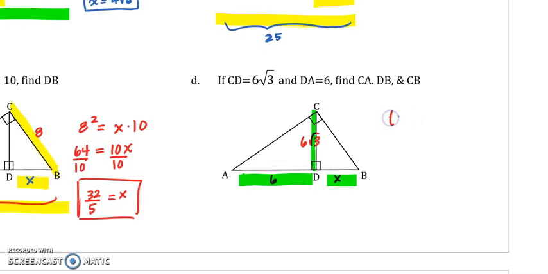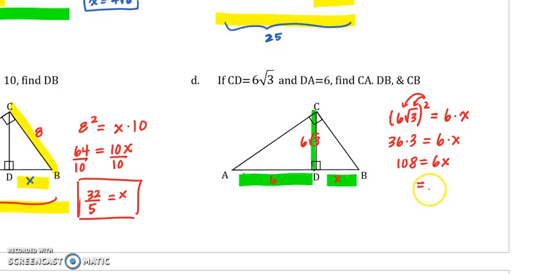So slide squared, 6 root 3 squared equals walk times walk. When I square that first, be careful, lots of errors occur here. 36 times 3 equals 6 times x. So I get 108 equals 6x. Divide both sides by 6. That goes in 18 times. So I find this missing side length to start to be 18.